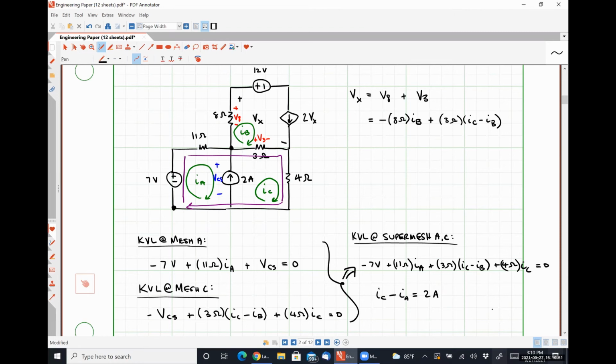But when we have a current source on the edge, it is literally impossible to write a path that avoids that current source. So whenever we have a current source on the edge of a circuit, we are just going to have a current relationship equation. There is no way for us to apply KVL.